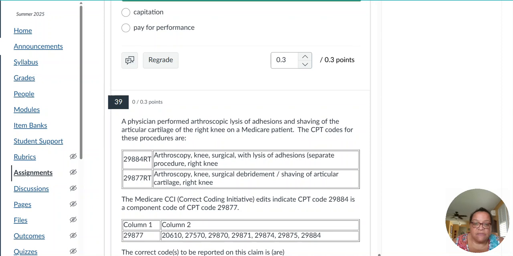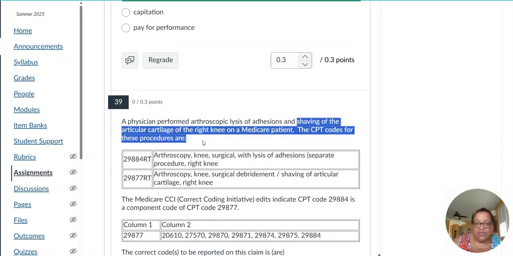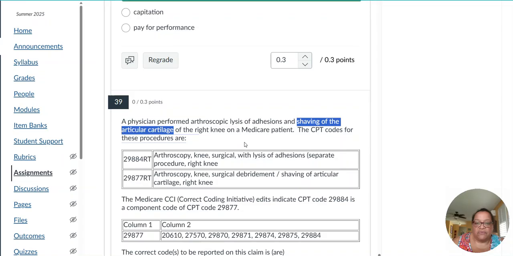The first concept is we want to capture documented components with as many CPT codes as needed to ensure that the surgeon gets paid appropriately. In this case, the clinical information tells us the patient had a lysis of adhesions and shaving of the cartilage of their right knee.